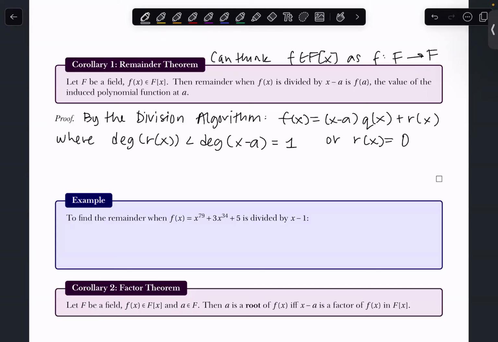Okay. So here, if I know the degree of my remainder is smaller than 1, what are my options?